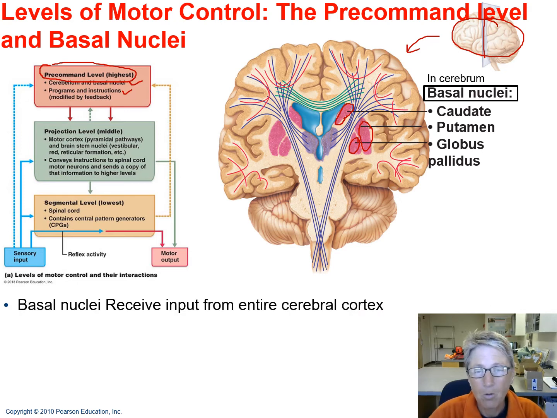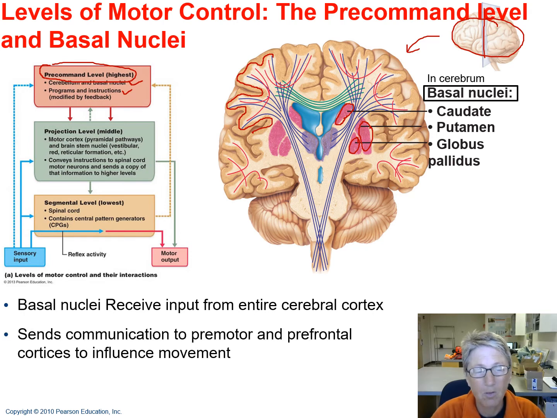The basal nuclei will receive input from the entire cerebral cortex. Remember that's the gray matter, all of this on the superficial aspect of the cerebrum. This is cerebral cortex. The basal nuclei will send communication to premotor and prefrontal cortices to influence your movement.